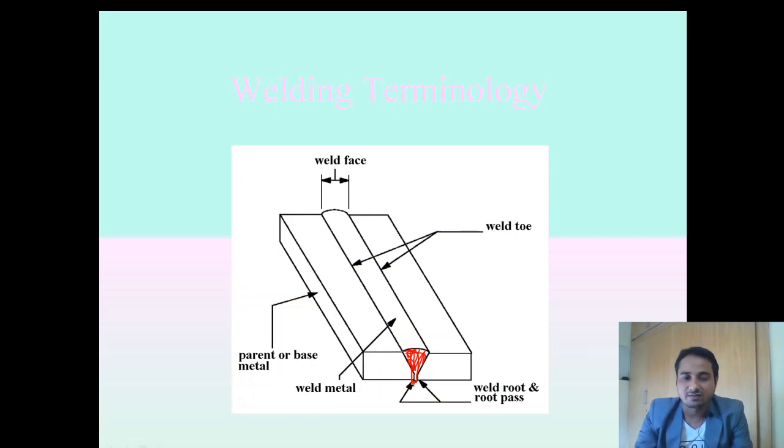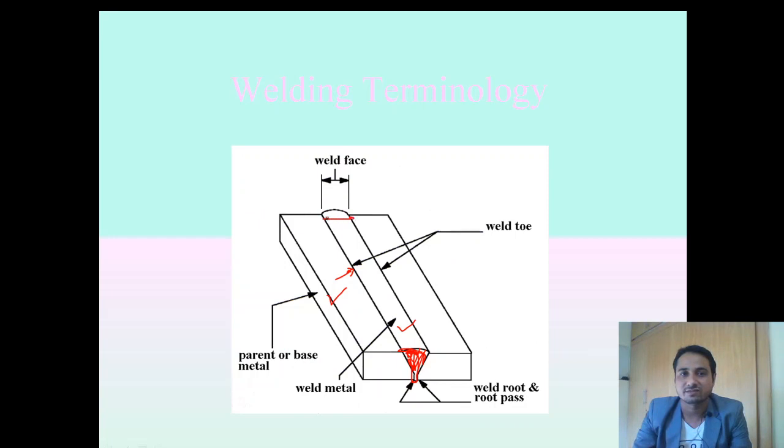In welding there are mainly three passes: root pass, fill up, and the capping or final pass. After that, this is my weld metal, then this is my parent metal, then the toe, where there is an interface of the weld metal and parent metal, which we call the weld toes, and this is my weld face, meaning the length of the weld.